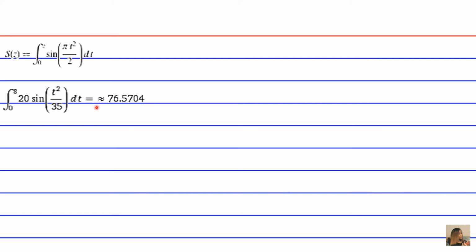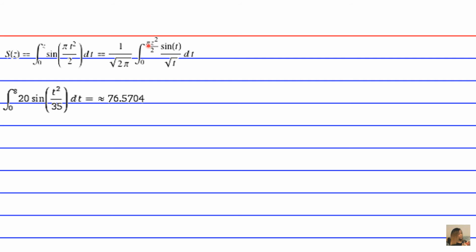And we said again that that's equivalent to approximately 76.5704. But how do we arrive at this numerically? This is what we did, but the Fresnel integral is also equivalent to this. 1 over 2 pi, and between the lower limit of 0 and the upper limit of pi over 2z squared.